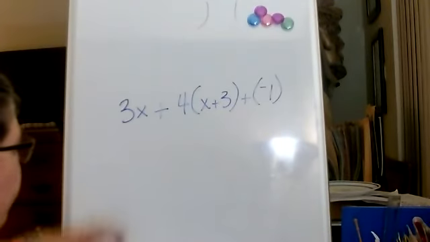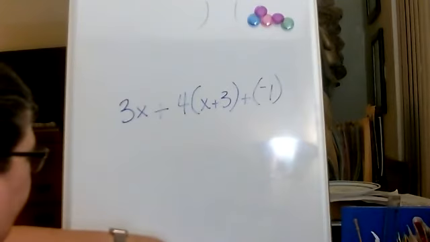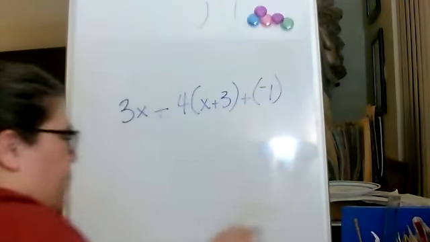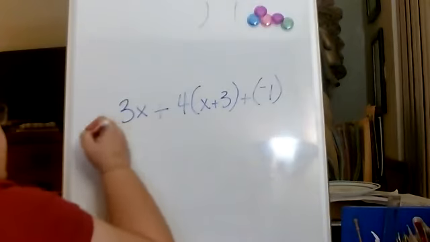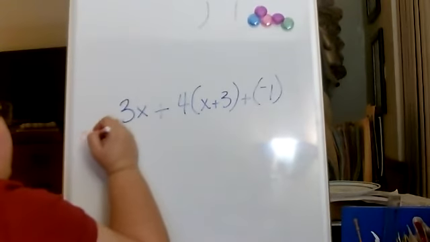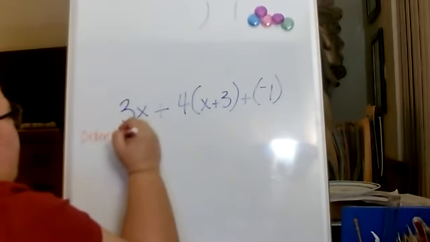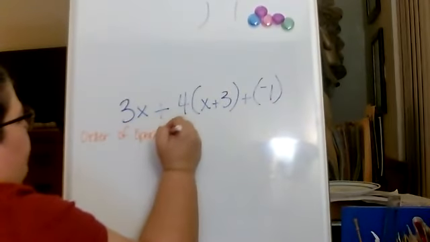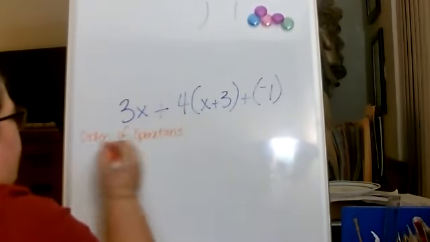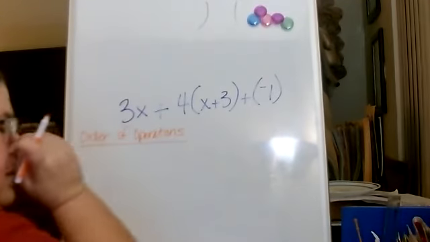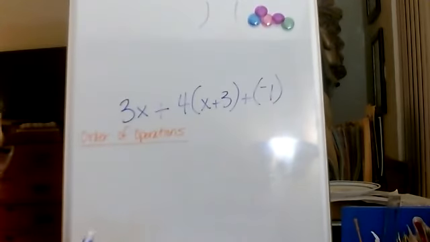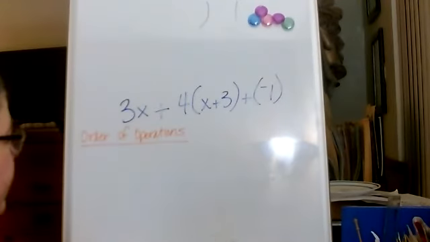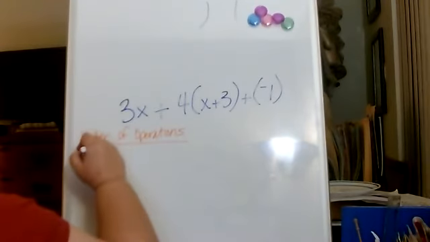Okay, so we're going to break that down for you real quick. Let's see, where's a good color for that? Will this orange be nice and big? Order of operations. So, all this time, you guys have been doing your order of operations, but really the only parts you've been worrying about has been the last part of it.